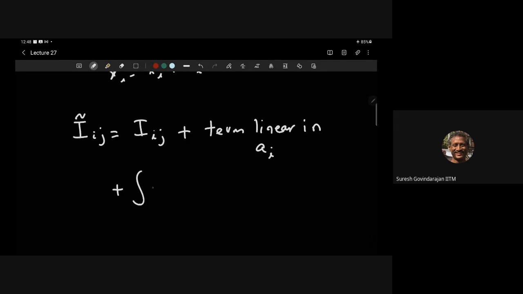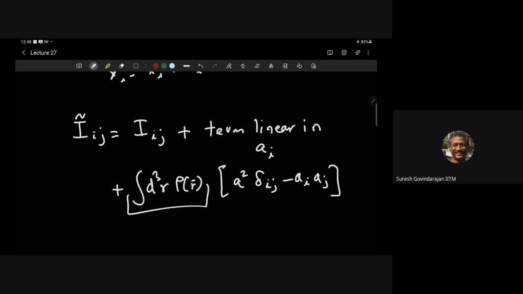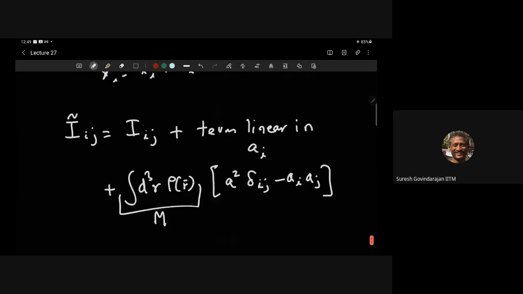I'll write the integral d cubed r rho of r times quadratic in A. But what is this? You can see A is some constant vector, so I can pull it out of the integral. What is this? Mass. Okay, so now we'll make a claim.